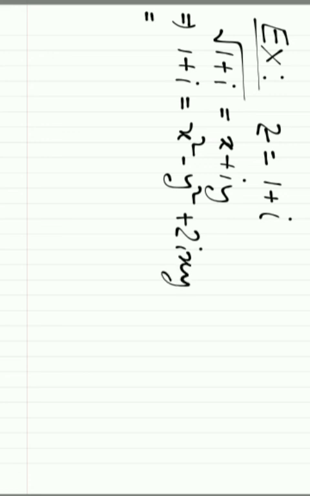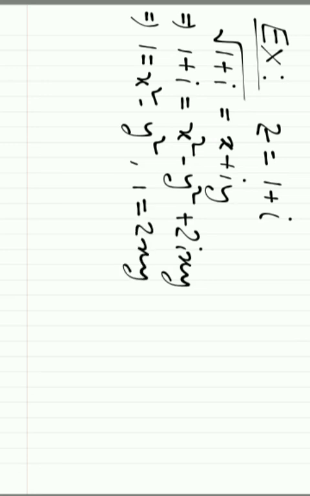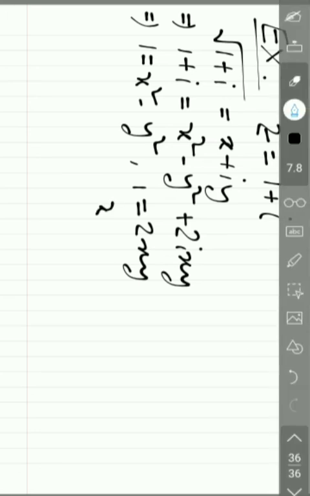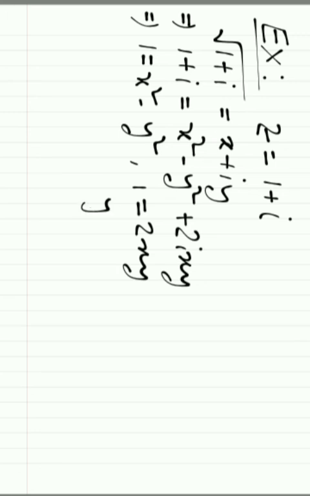So this is saying that 1 is equals to x square minus y square and 1 is equals to 2xy. So one way, let me take the value of y here as 1 by 2x, and you can put it here in the equation.